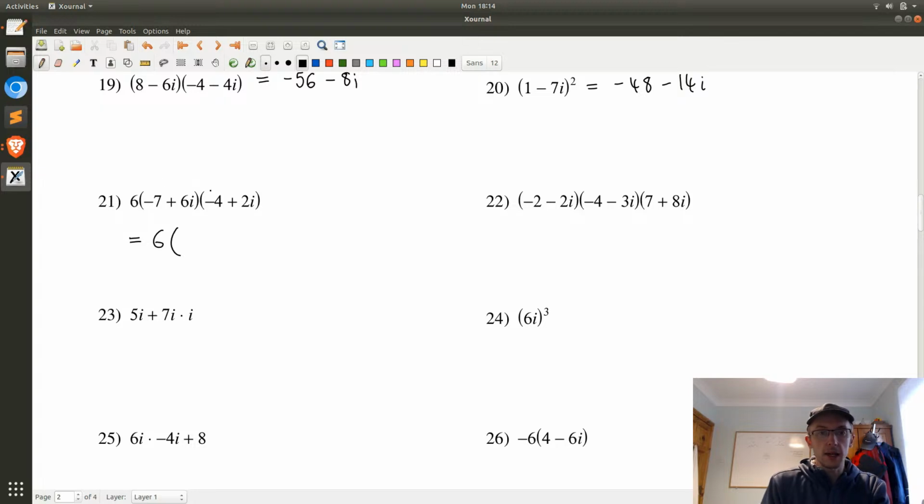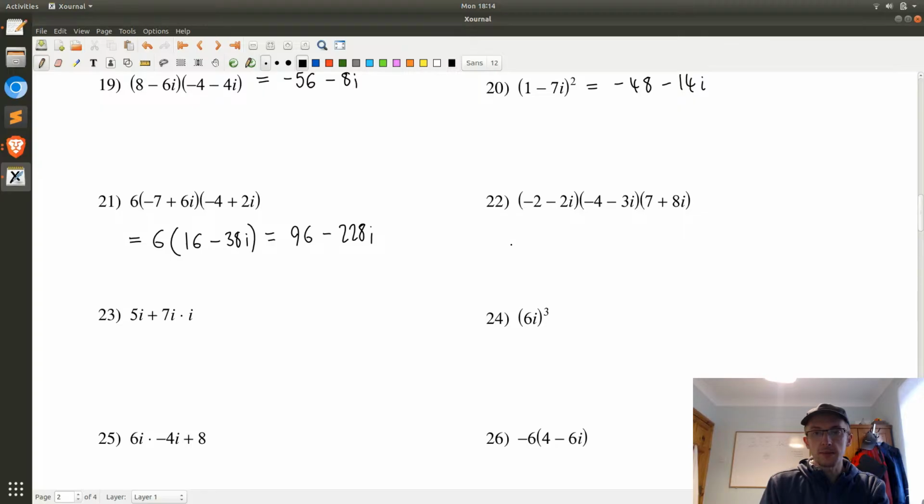So we have 28 take 12, which is 16, and the imaginary part is -24 minus 14, which is -38, and then times all of that by 6. So we're going to have 96, take away 228i, just there like that.